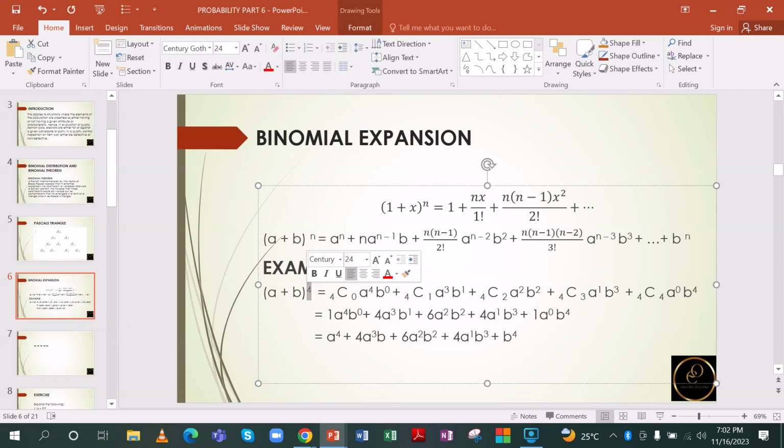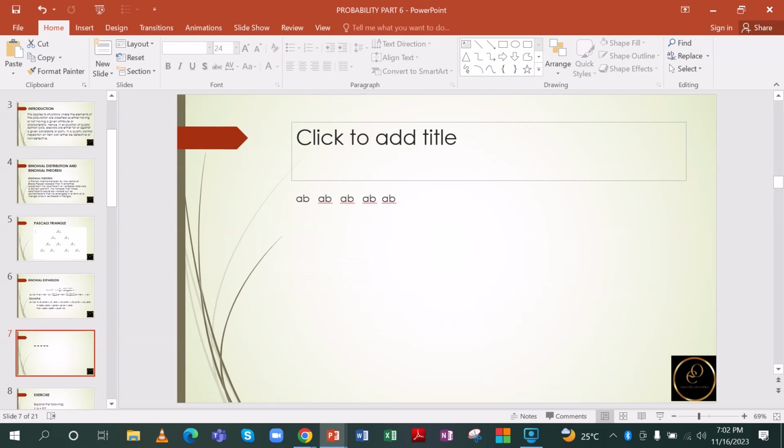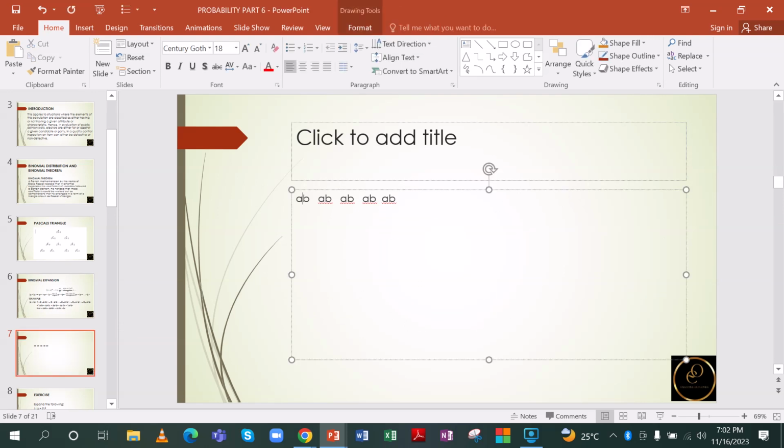So meaning the first A, you raise it to power 4. The next A will be 4 minus 1. The next A will be 4 minus 2. The next A will be 4 minus 3. The last A will be 4 minus 4.